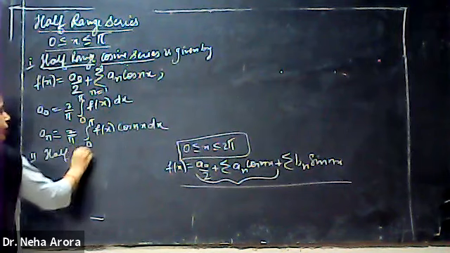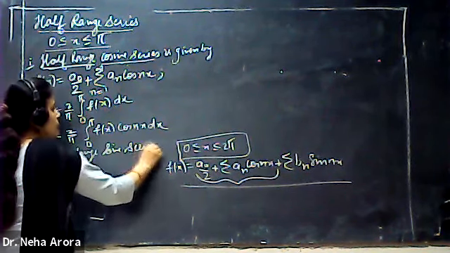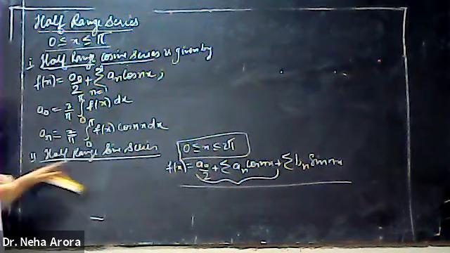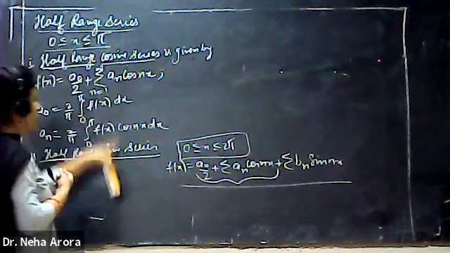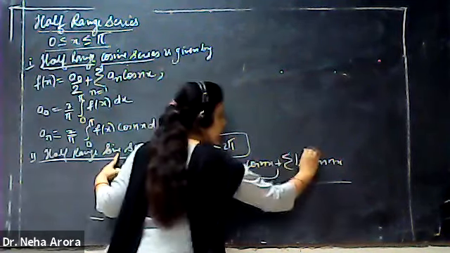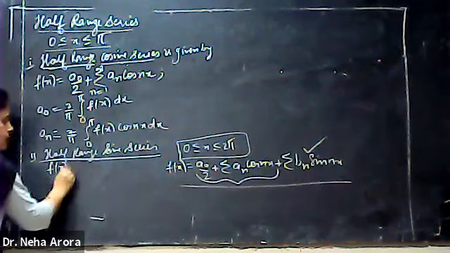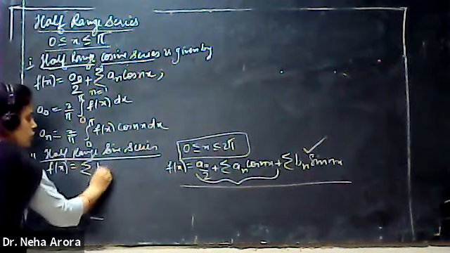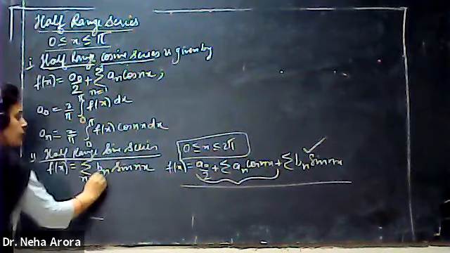And similarly, half range sine series. Now, the name itself implies firstly the range is half, 0 to pi, and now we are going to talk about sine series. Sine series will contain only b_n. That means f(x) is equal to summation b_n sin nx, when n varies from 1 to infinity.